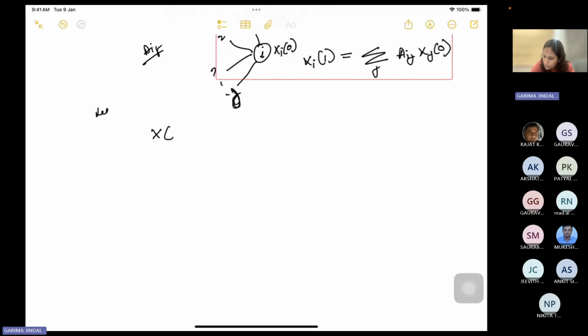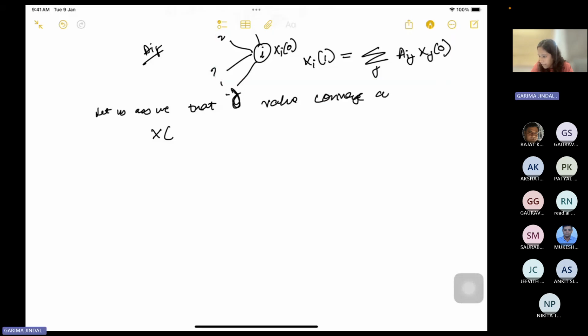Let us assume that values converge at time t. So what will be the cost of the nodes at t? It will be equal to the adjacency matrix into the cost of the nodes that were there at the previous step.